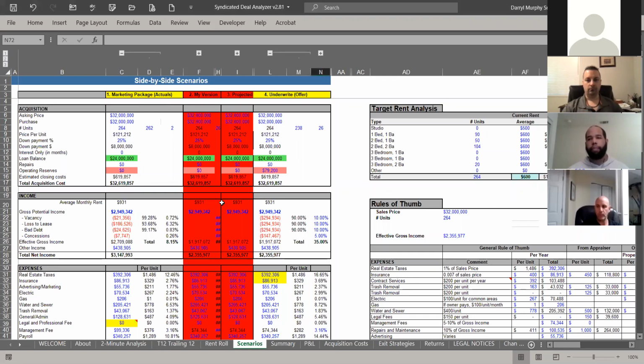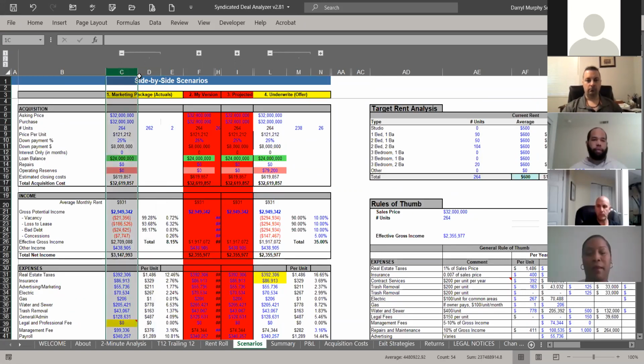Okay, so let's go ahead and get started. I'm going to recap a little bit. When I started off discussing the underwrite, we started out on the actual numbers. The actual numbers are the numbers that you will request from the seller or from the listing broker.